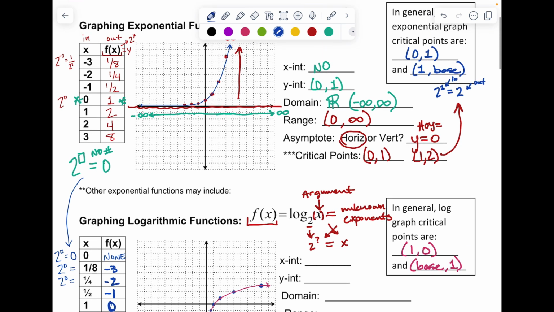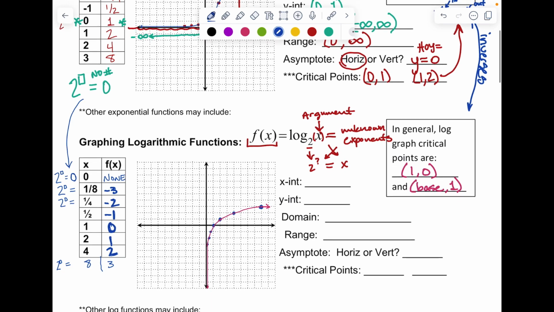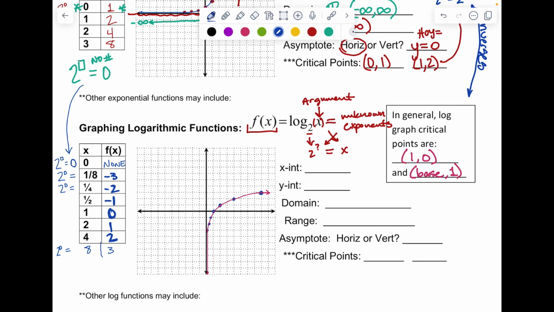What I want you to notice is that these tables right here and here, these tables and these general points are inverses of one another. They are inverses of one another. All right, so after graphing our points, we want to see what the x-intercept and the y-intercept are.